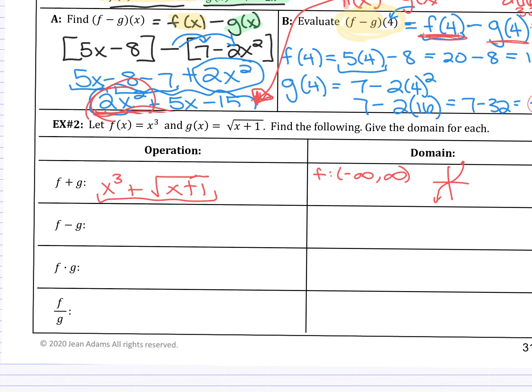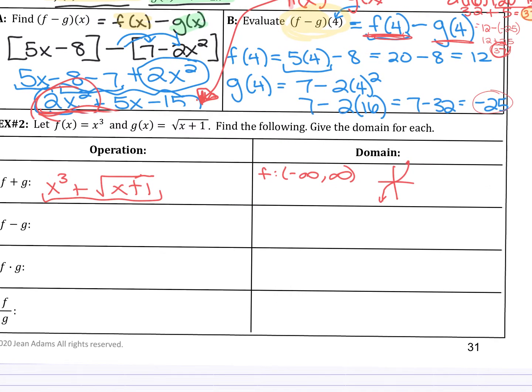G of x is the square root of x plus 1, and if I graph g of x, that is a shift of the square root function left 1 unit. If we shift that to the left 1 unit, it looks something like this, which means the domain for g is from -1 to infinity.